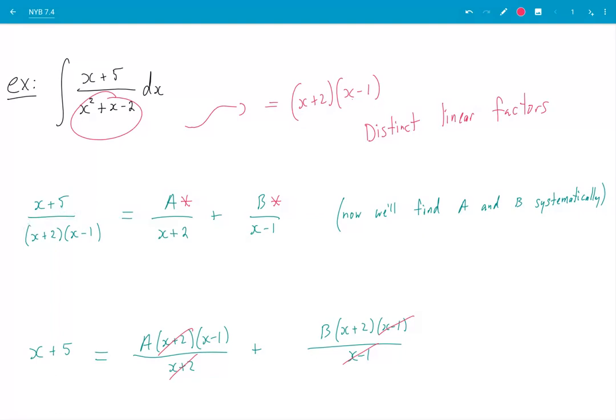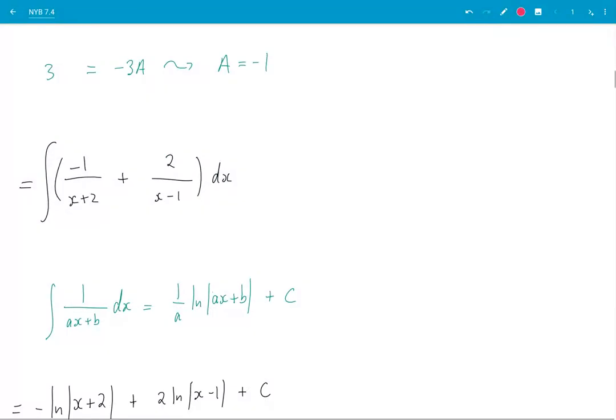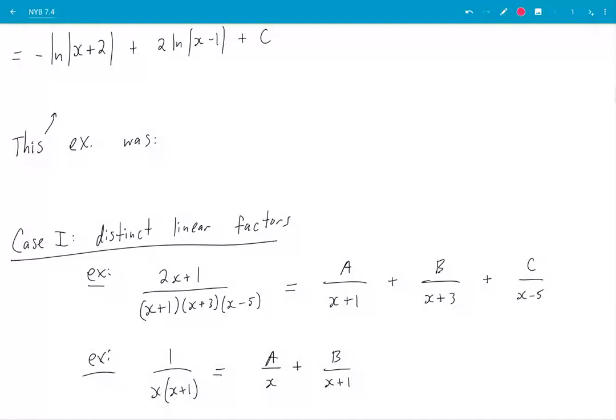Okay, and then to handle that situation, here's the pattern that will work. Let me scroll back down for you. So case one, distinct linear factors.